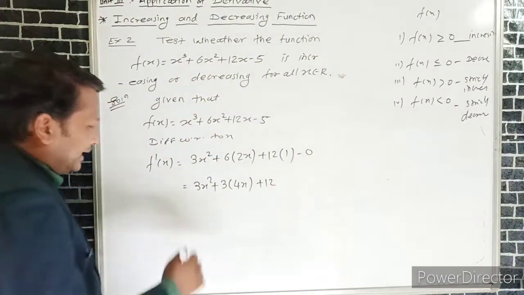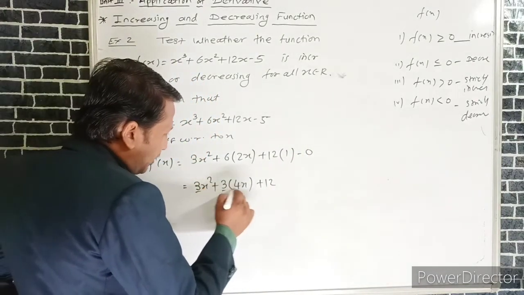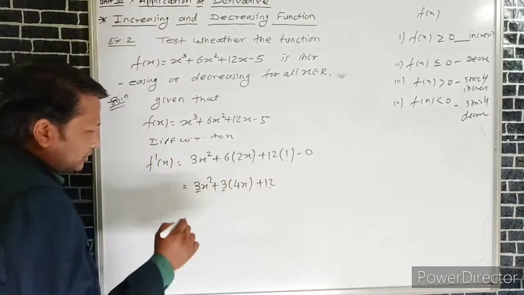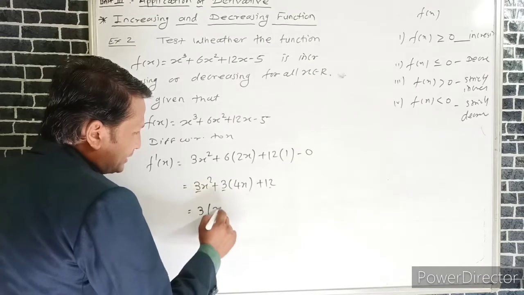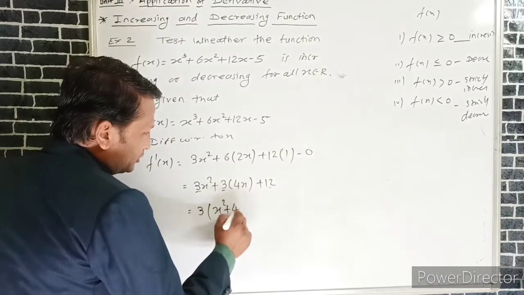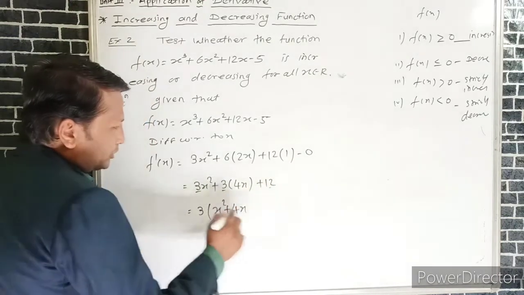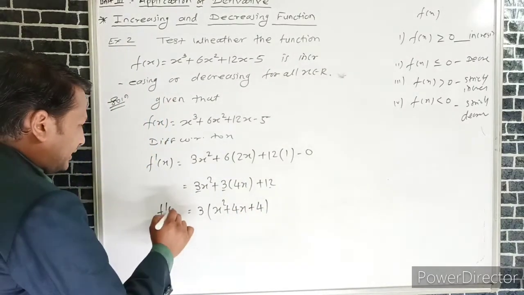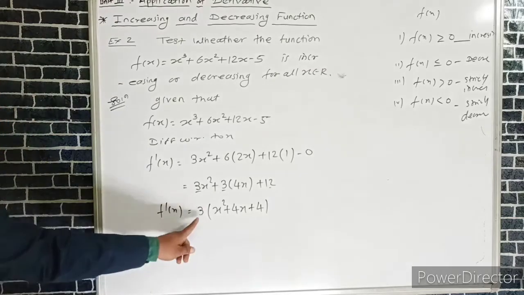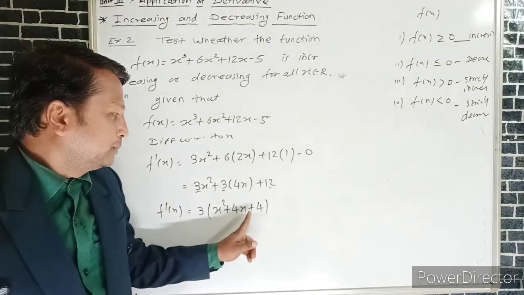Here we can take 3 common from every term. If we take 3 common, we can write x square plus 4x plus 4. Here f dash of x is equal to 3 into x square plus 4x plus 4.